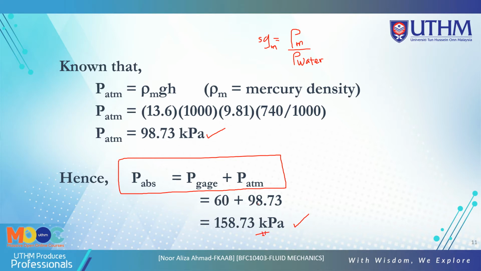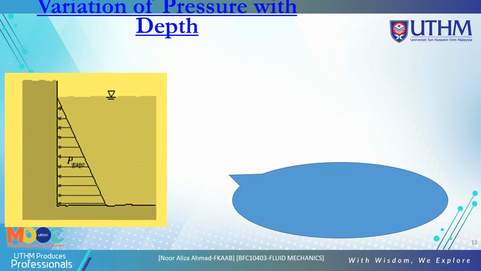First, you must remember this equation and the previous equation from the previous slide: P absolute using P gauge and P atmosphere, and P absolute using P atmosphere and P vacuum. So there are two equations for pressure: absolute pressure, atmospheric pressure, vacuum pressure, and gauge pressure. Now we look at the variation of pressure with depth.